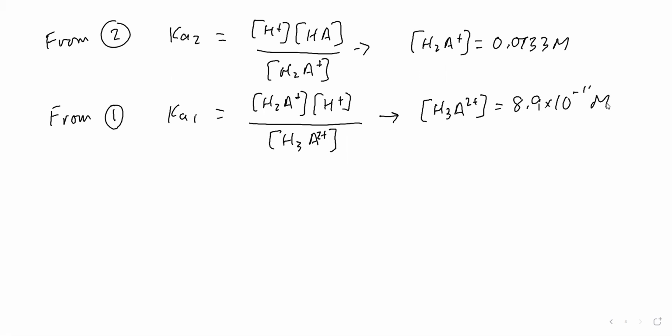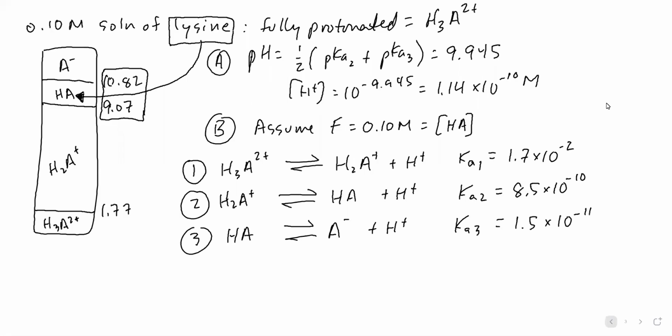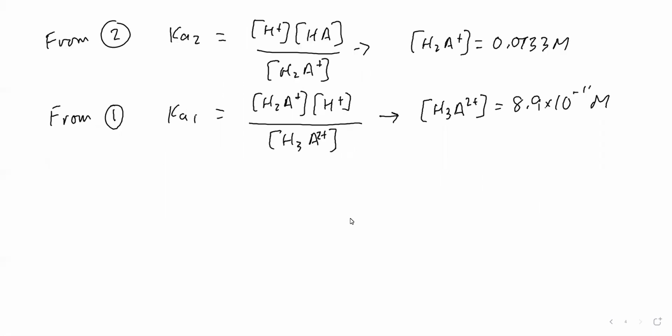Okay, finally then, if we go back to the third reaction, remember that we know the assumed concentration of HA. That's our formal concentration. We know H+ again, and we know the value for Ka3. We should be able to calculate A minus from the equilibrium expression.